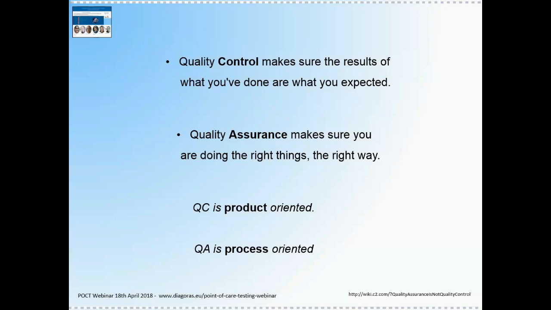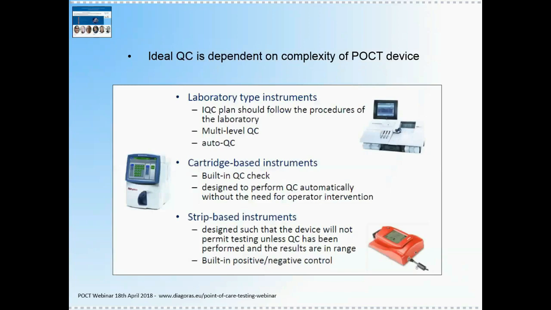So QC looks at the results of the product, the device, the diagnostic, and QA looks at everything from specimen receipt to labeling to the device, the diagnostic result, to reporting of the result, etc. So basically, quality control with respect to ID-POCT is intended to ensure that the device being tested generates results that are consistent with the results obtained using the gold standard, and any difference should lie within a certain defined error range.